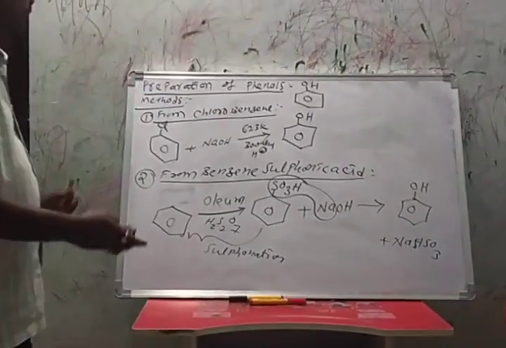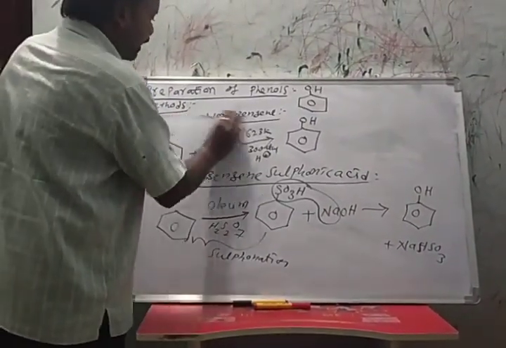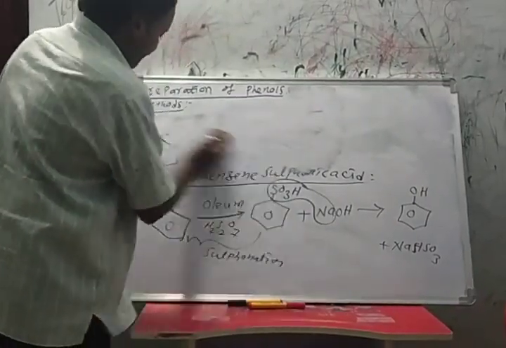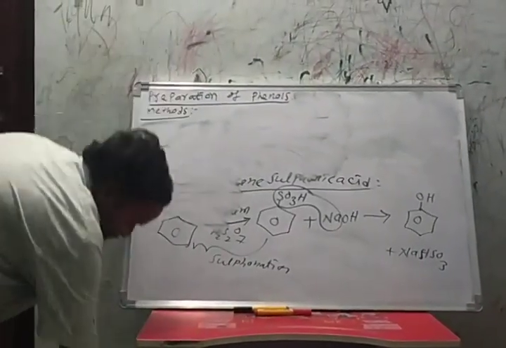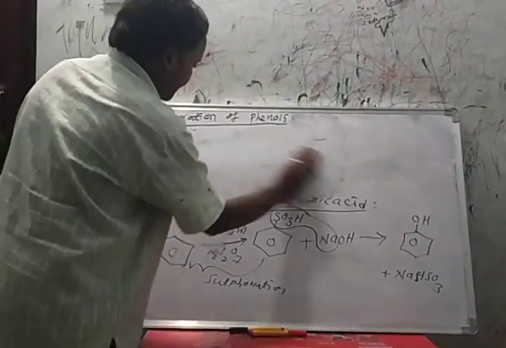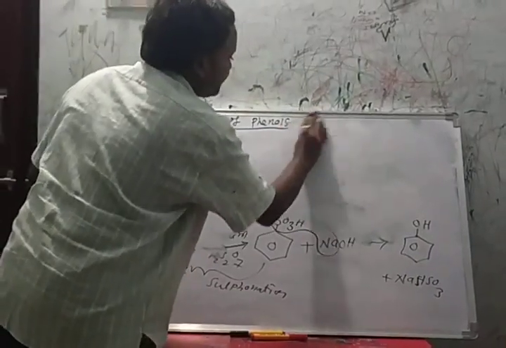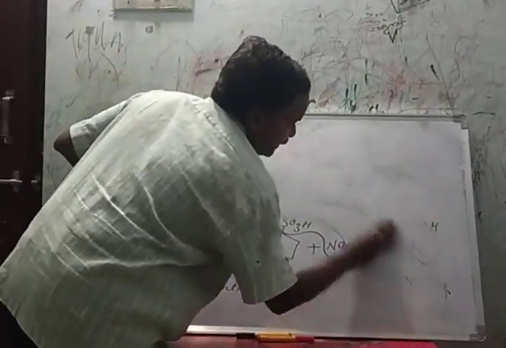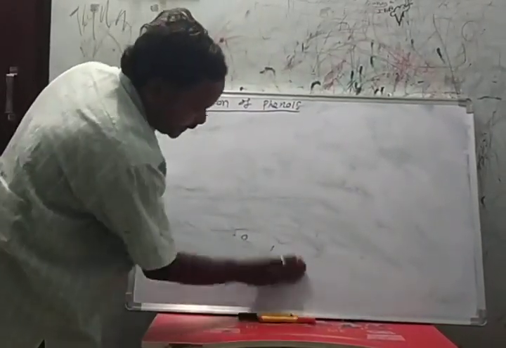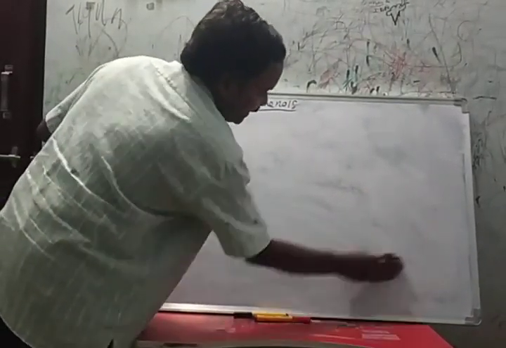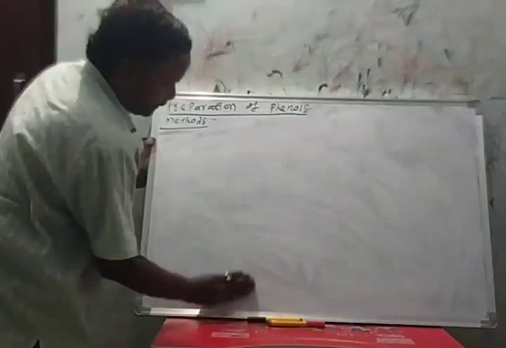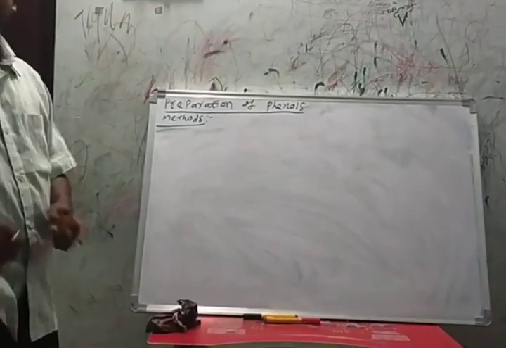Next, in continuation, preparation of phenol from benzene diazonium chloride. What is benzene diazonium chloride? Already we saw this one in the Sandmeyer reaction, where chlorobenzene, bromobenzene and fluorobenzene are prepared from benzene diazonium chloride.